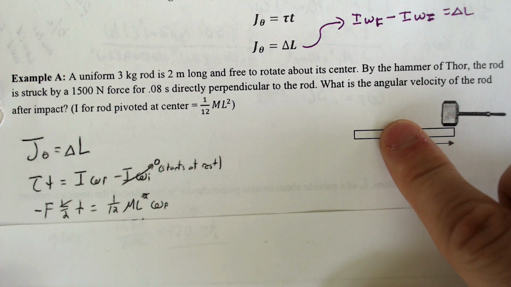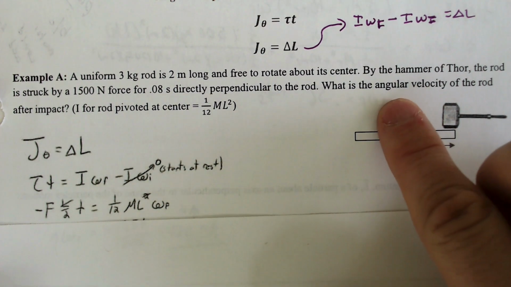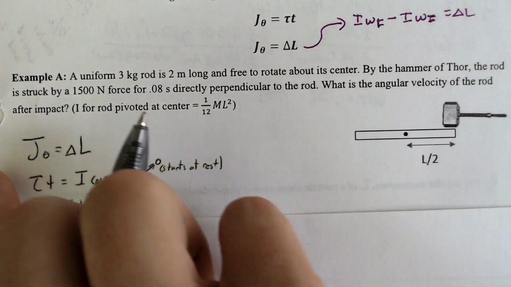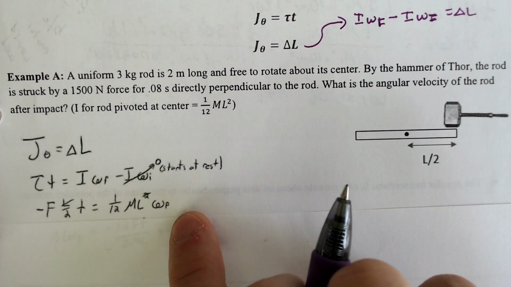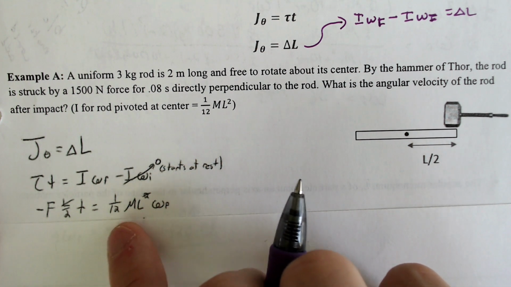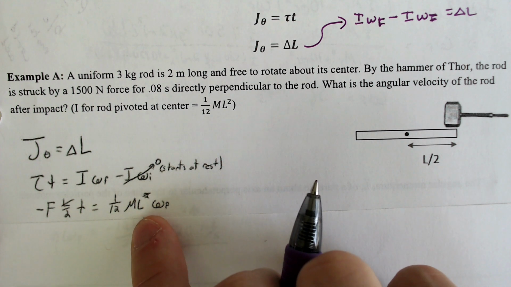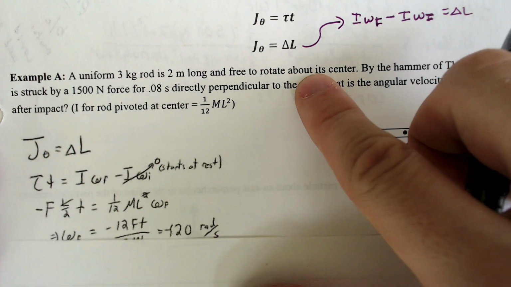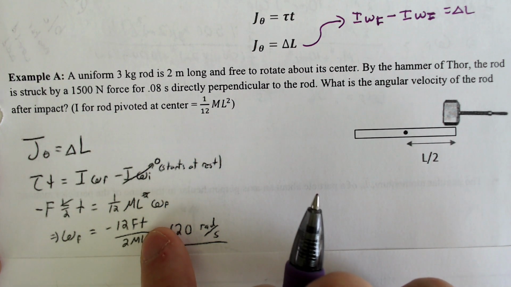From here, what are we actually looking for? We're looking for the angular velocity of the rod after impact, this omega f. So we're going to multiply by 12, divide by mass, and divide by another L. Let's see what we did here. We multiplied by 12, that's how that ended up on top.